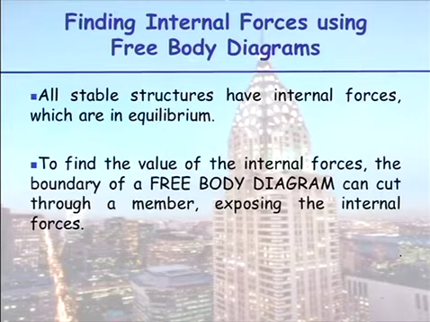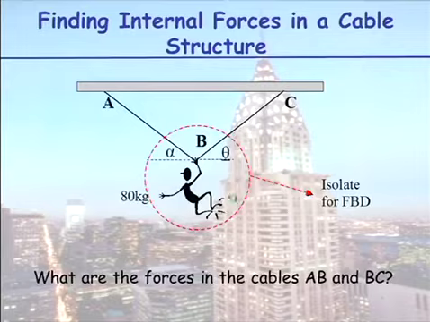When we want to calculate internal forces, we do the same thing. If all stable structures are in equilibrium, all the internal forces in them are also in equilibrium. So to find the value of an internal force, the boundary of a free body diagram can cut through the member, exposing the internal force.